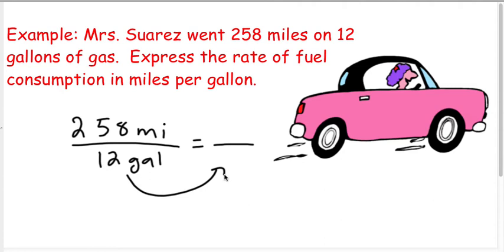So for a rate, the denominator is normally 1. So it's really just like creating an equivalent fraction. In order to get from 12 to 1, we have to divide by 12.